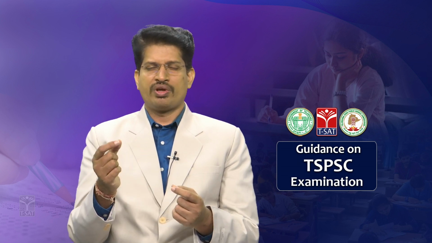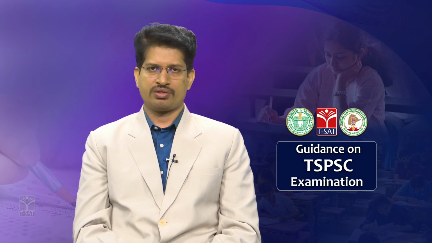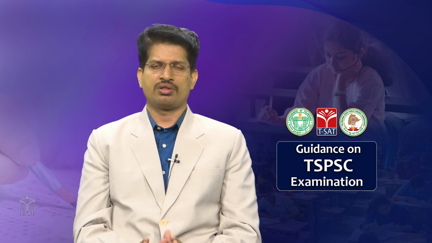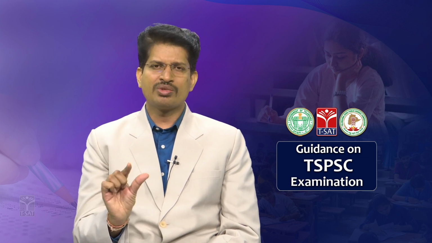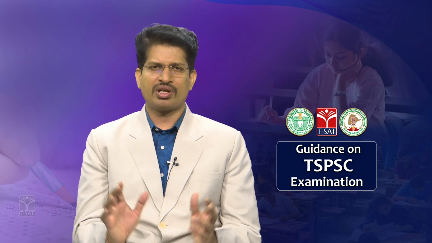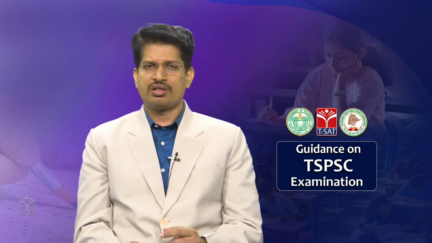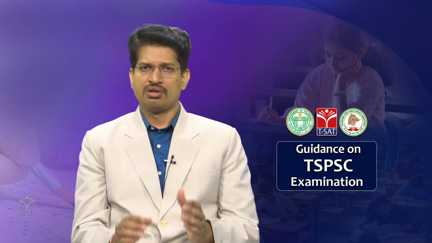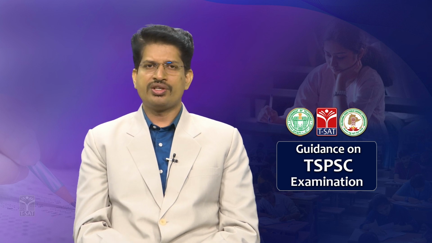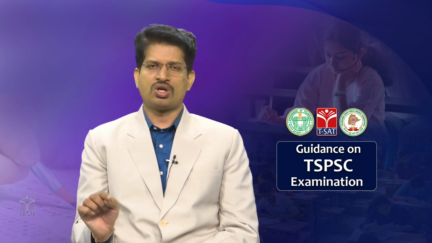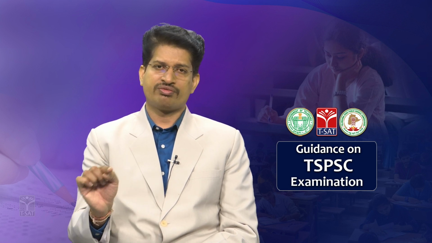In general, for any matter, because of the decrease in the temperature, the volume must decrease, because with the decrease in temperature, the matter contracts, and with the increase in temperature, the matter expands. But in the case of anomalous expansion of water between 0 and 4, with the increase in temperature from 0 to 4, water contracts, and water expands with the decrease in temperature from 4 to 0.